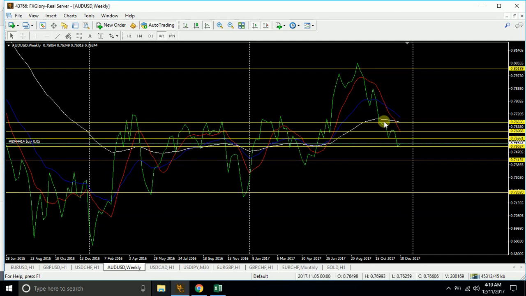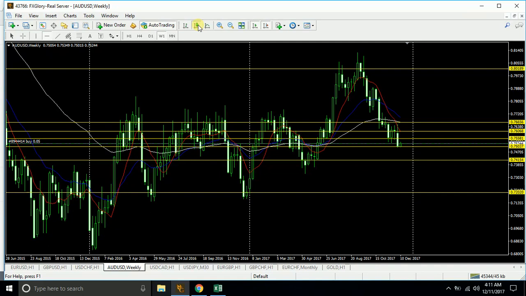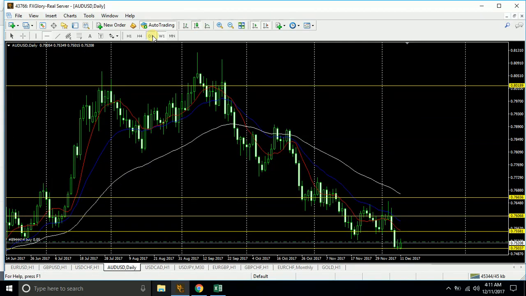Support, resistance, support, resistance, closest level, price is here, closest level, basically not one, so we'll just stick to our candles, and this is what we get.